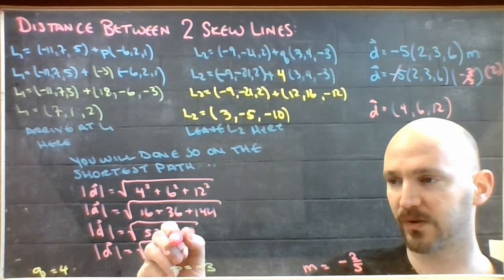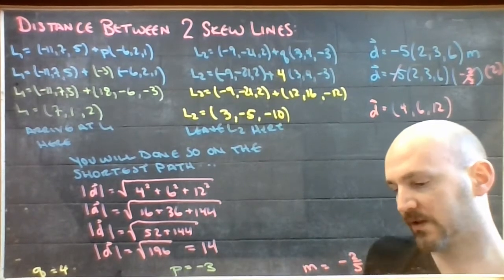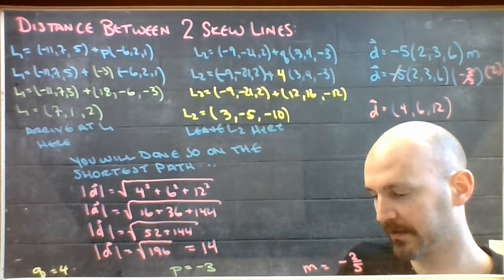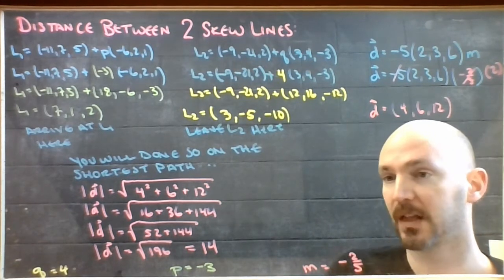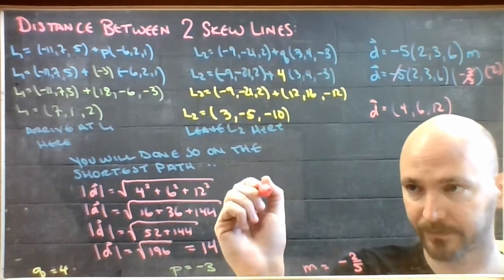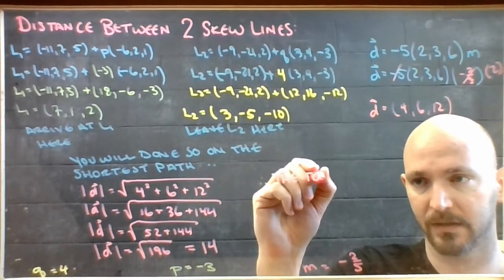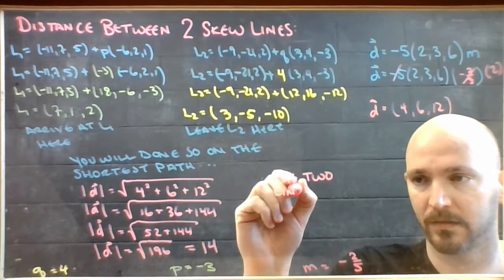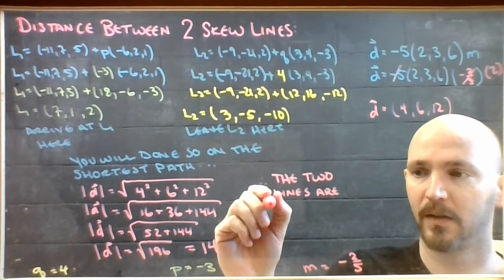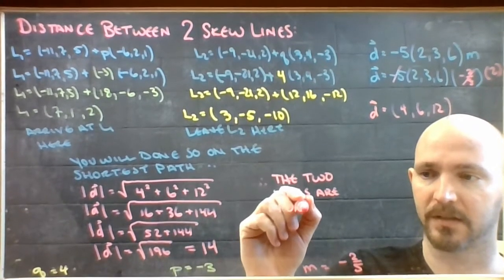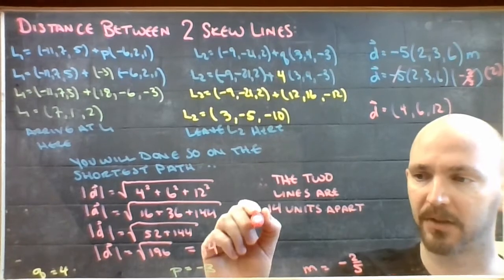I'm pretty sure the square root of 196 is 14. Just check that for you. Indeed. So, therefore, the two lines are 14 units apart at their closest approach.